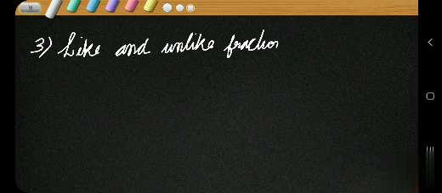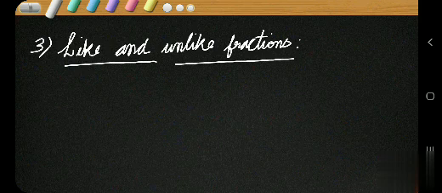Any idea about this? Last year we have learned like and unlike fractions. Okay, let me explain. Fractions with same denominators are known as like fractions. So let's write first. After that, it shall be explained.